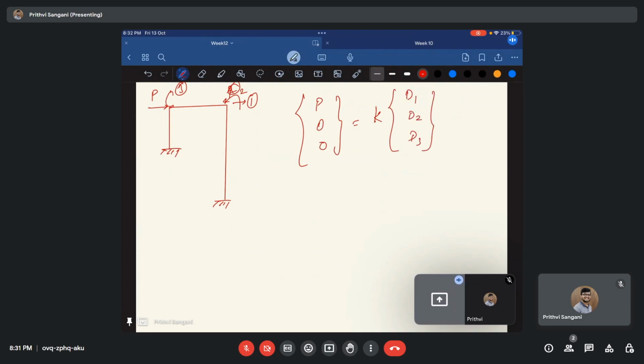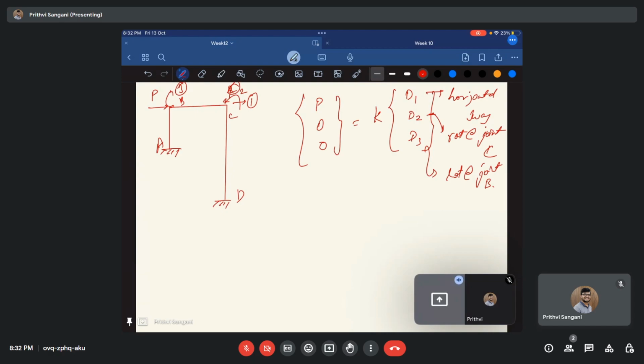D1 is the horizontal sway. D2 is the rotation at joint C. D3 is the rotation at joint B. Okay, that is quite direct. Once you find out the stiffness matrix, you can directly find out the rotations and the horizontal sway.